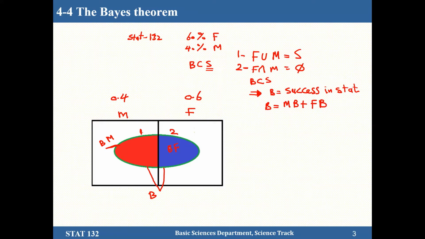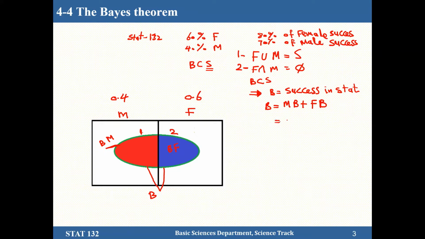So if we know that, say, 80% of female got success in statistics, and say 70% of male got success in statistics. So now we need to find P of B.